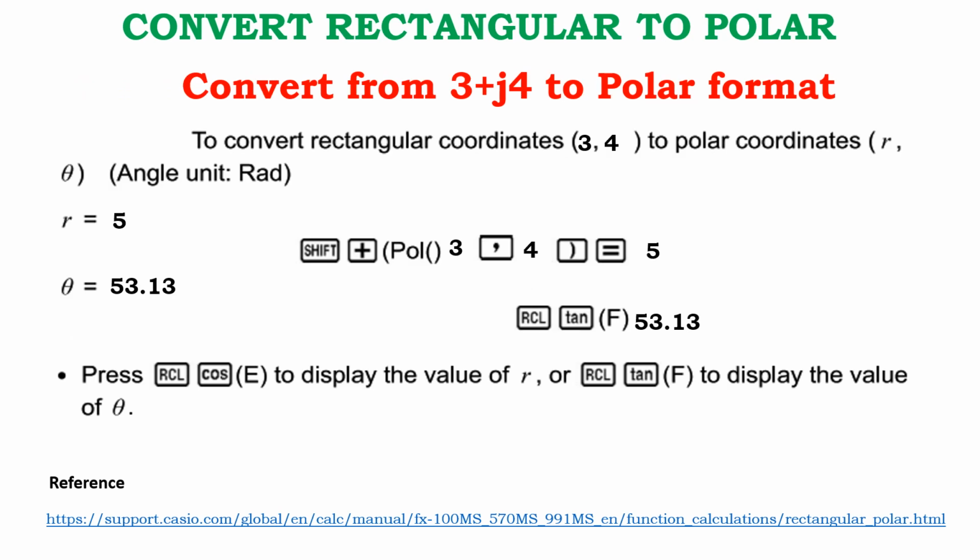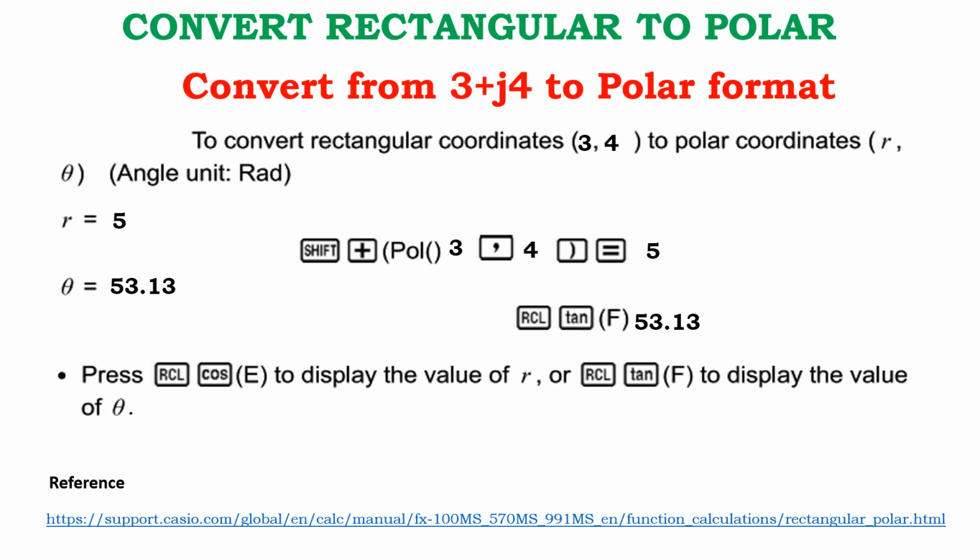Similarly, for rectangular to polar format, the example given is 3 plus j4. Press shift and press the pole button, then 3, 4, and close the bracket. Then press equal to, and you will get R as 5. Then press RCL tan, and you will get the angle.